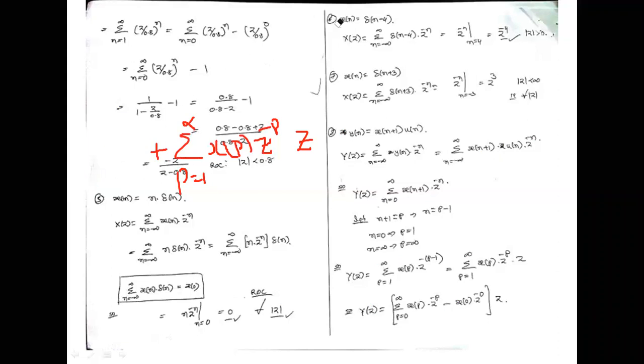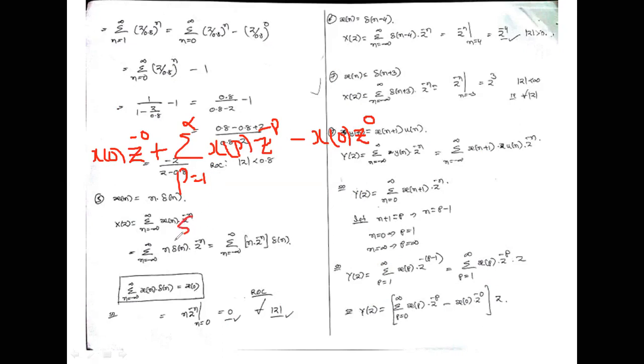Otherwise you can write this as the function x of 0 z power minus 0. Got it, my dear students? I am adding that and subtracting it also: x of 0 z power 0, adding and subtracting. So x of 0 z power minus 0 means p equal to 0, and the function is the same.